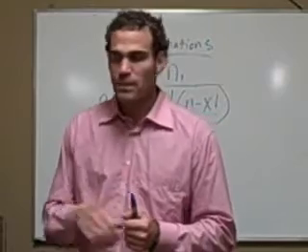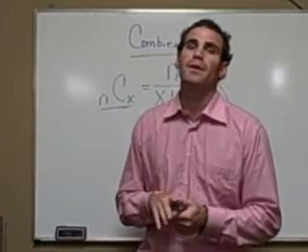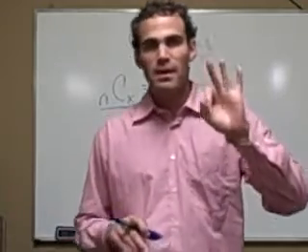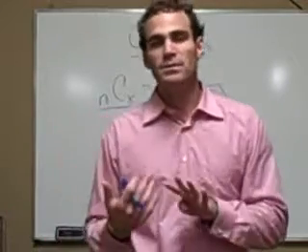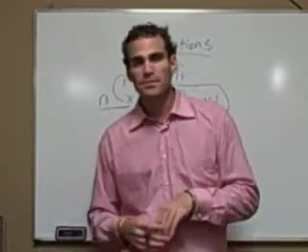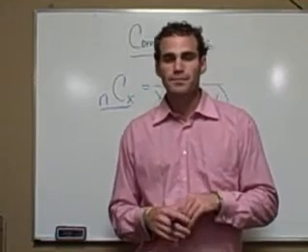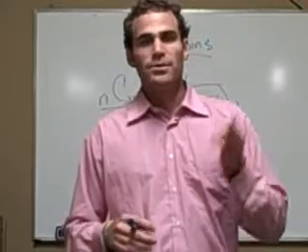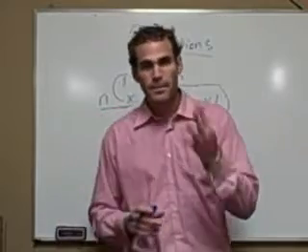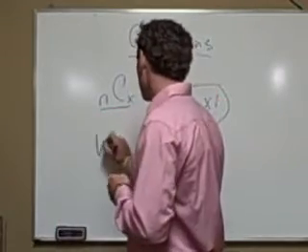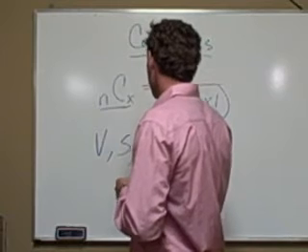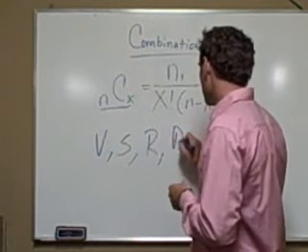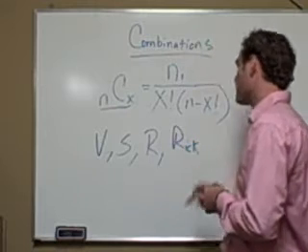Now, what does this mean? Your book talks about how we can select 3 students out of 4. How many different ways can we do that? For instance, if we had Vanessa, Stephanie, Richard, and Rick, I'll write it out.